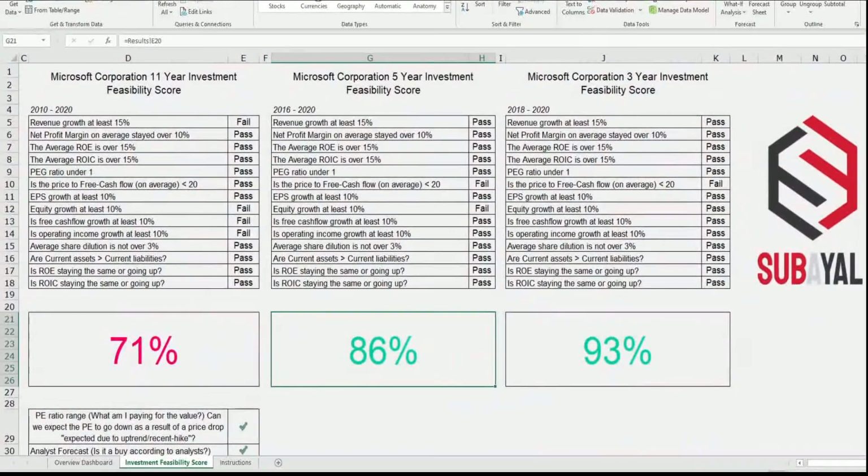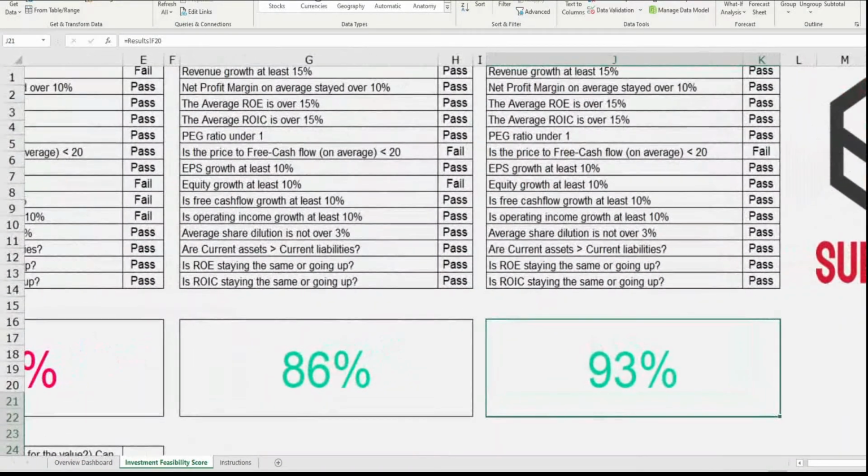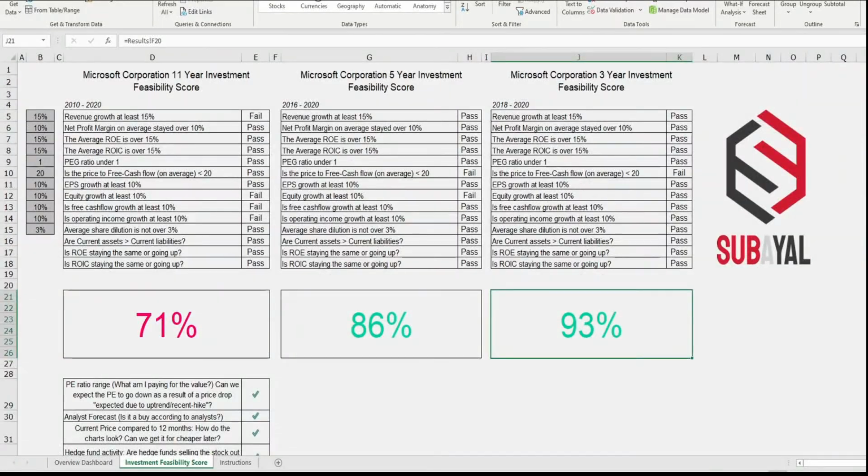And then over a period of 3 years, we can see that the score has hiked to 93%. It will be very hard to find a company with a market cap in trillions to have such consistency and such brilliance. So now the question is, will I buy the Microsoft stock or not? So let's go to TipRanks and see the current state of the market a little bit.